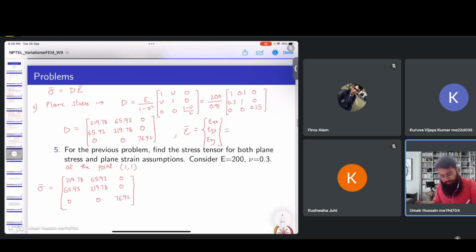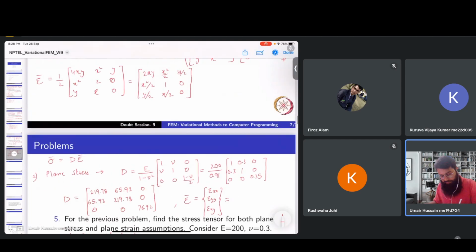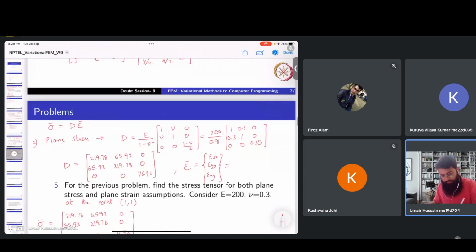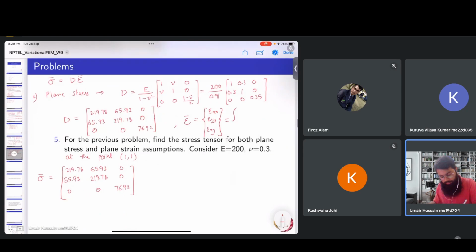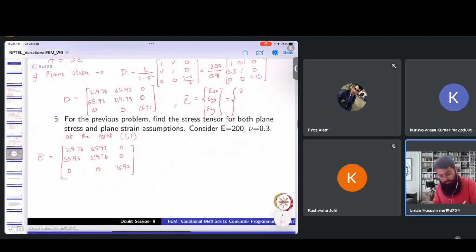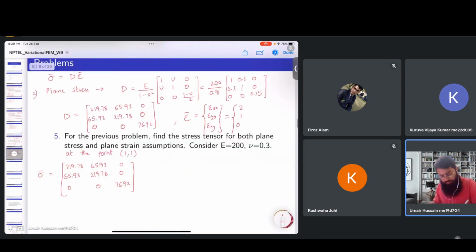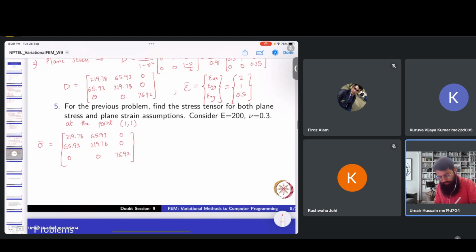We don't need the z components, so we'll just ignore them for now. So xx is 2, yy is 1, and xy is half. So we have this vector here, 2, 1, half.